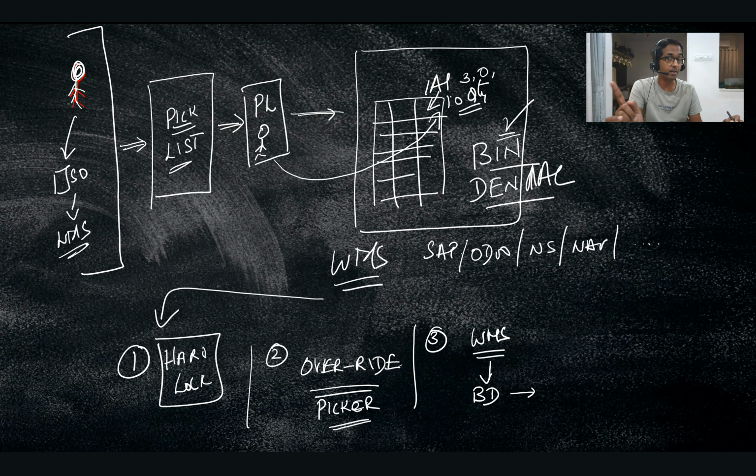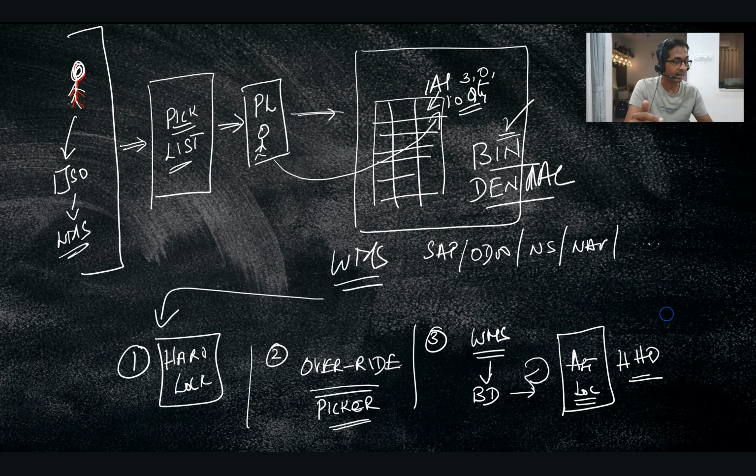So the WMS dynamically checks for the same product in any other location, quickly allocates that alternate location, and it will reflect on the handheld device. The picker can go ahead and pick the product and resolve the bin denial.